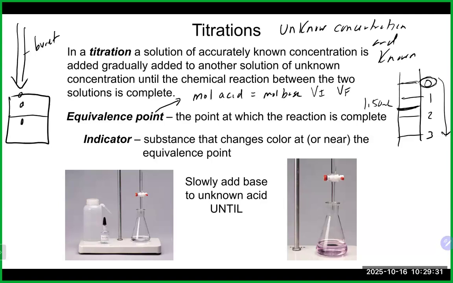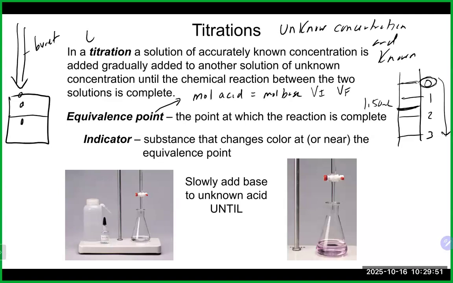So basically, if you're adding base, you've added enough base to neutralize pretty much all the moles of acid you started with, or vice versa. If you're adding acid, which you can do, you add enough acid moles to neutralize all the base that you started with. And that technically is the equivalence point.